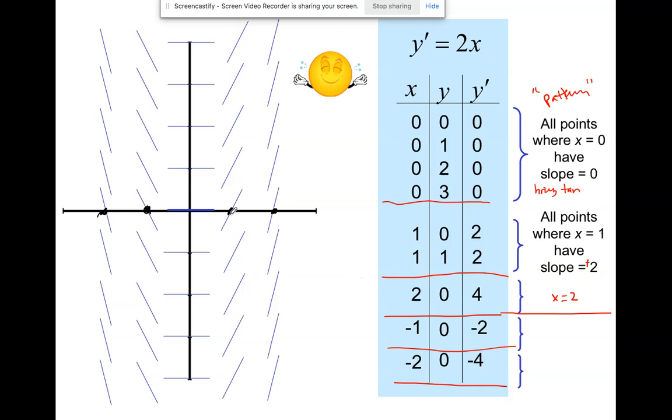As you move from 1 to 2, and it doesn't matter the level, your slopes are positive and getting steeper as x increases. At 3, the slope would be 6. At 10, the slopes would all be 20. And then what about when x is negative?